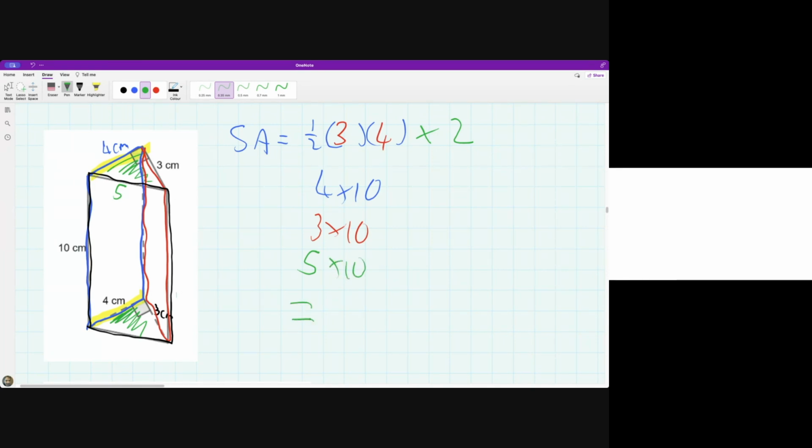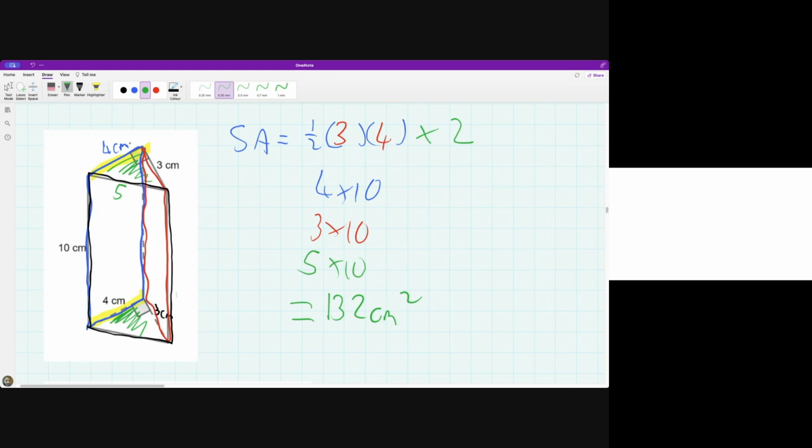So what is my final surface area going to be? 40 plus 30 plus 50 plus 12. I get 132 centimeters squared.